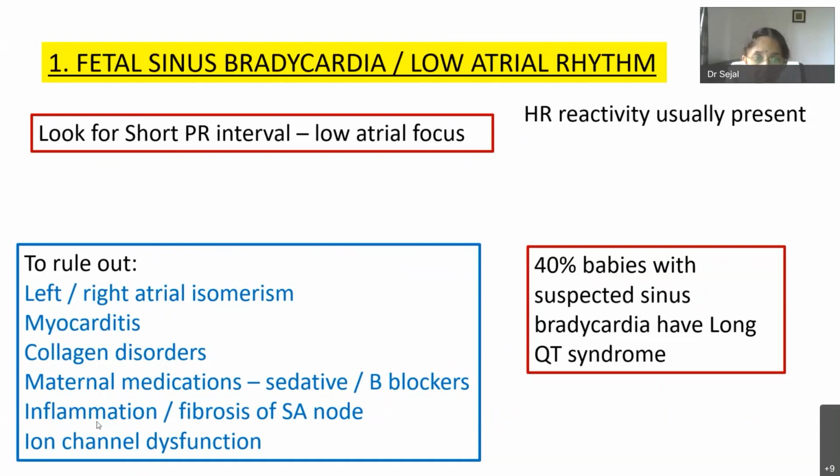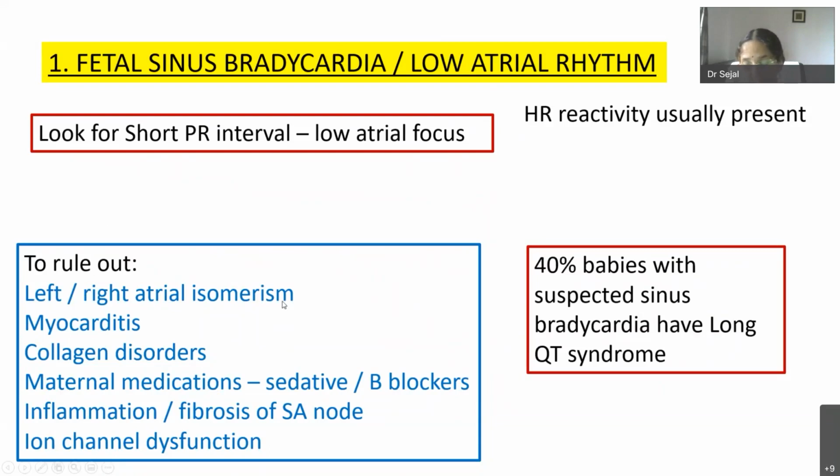Sometimes you might find a reason in the mother, like the mother might be on medications. So this is a situation where it's very important to run through the history in the mother and also the family history. So rule out any collagen disorders in the mother, any family history of, for example, prolonged QTc, any maternal medications or history of fever, which could point towards a possibility of myocarditis, any drugs like psychiatric medications, sedatives, beta blockers taken by the mother, and also a structural understanding of the baby.